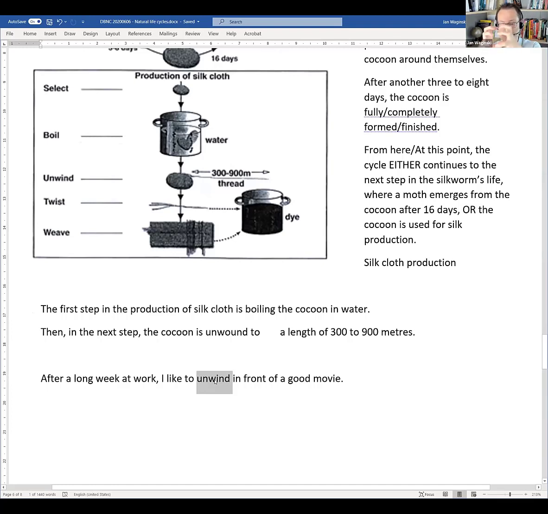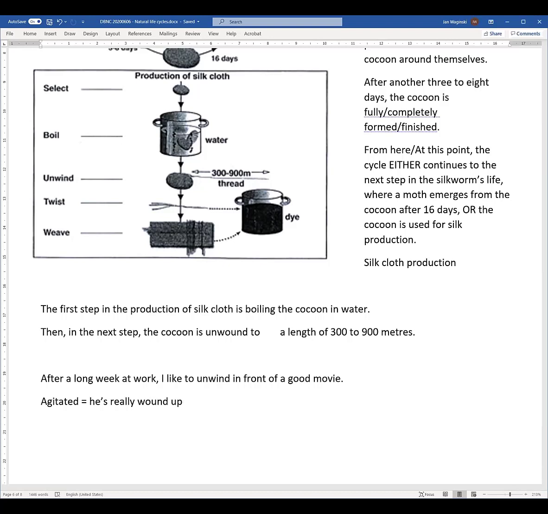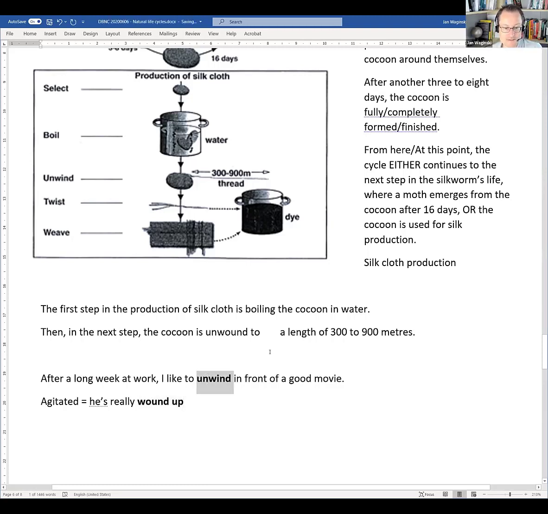If something is tense, it's all wound up. If someone is agitated, you can describe them as, he's really wound up. Something's really bothering him. He's really wound up. I like to relax. I like to unwind.